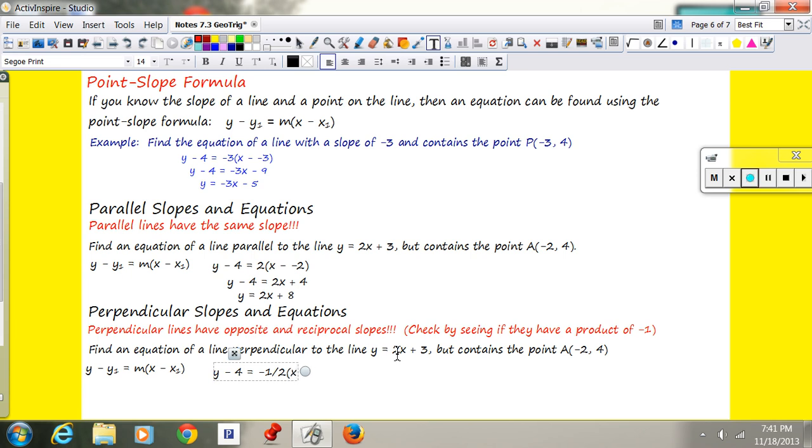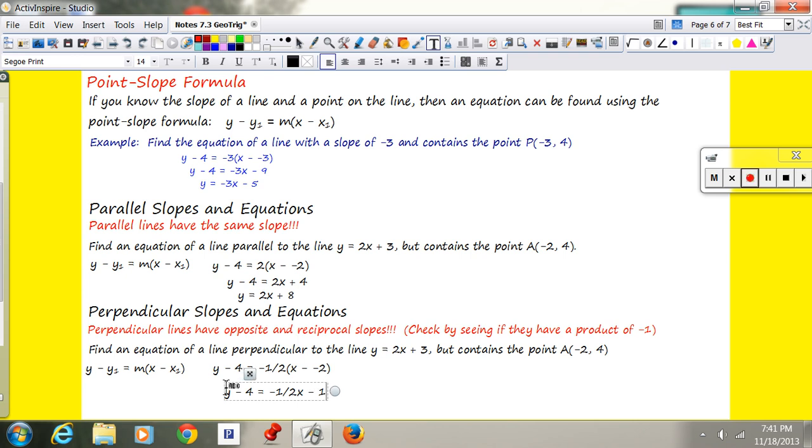And then it's going to be x minus the x that they gave us, which is -2. Again, it's going to become a +2. So let's first distribute. So we get y minus 4. You're going to get -1/2 x. And then -1/2 times a +2 is going to be a -1.